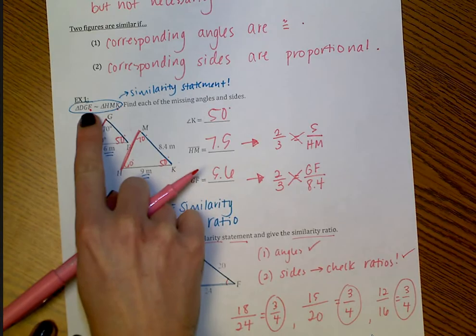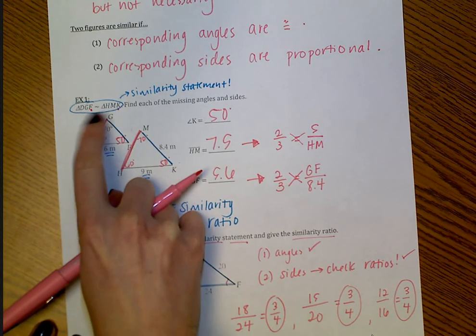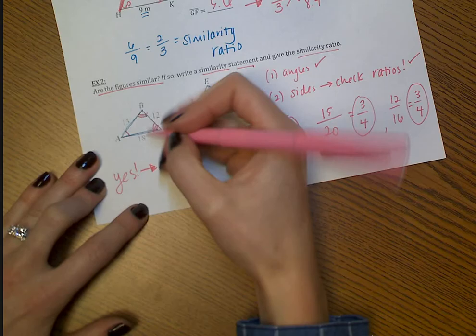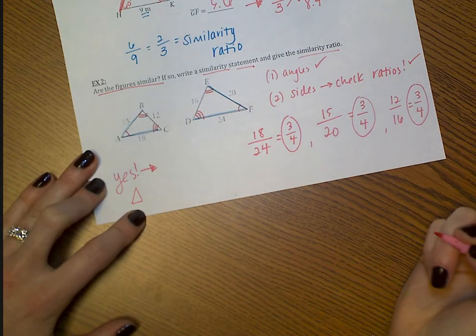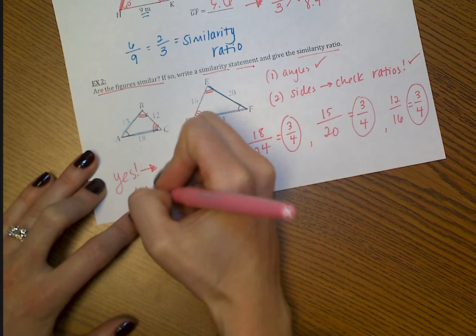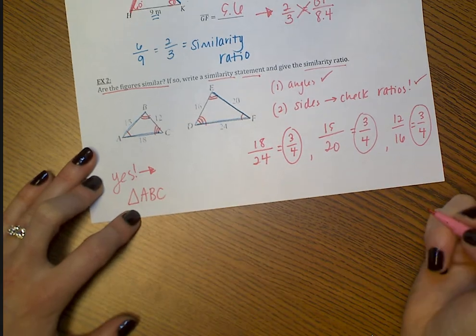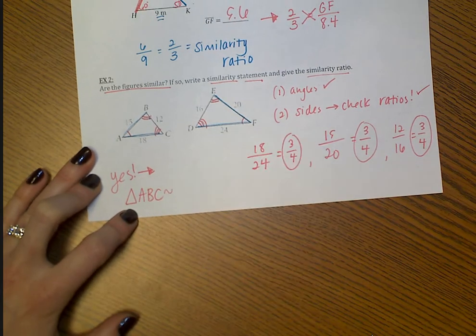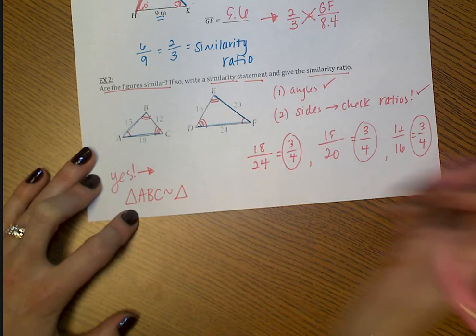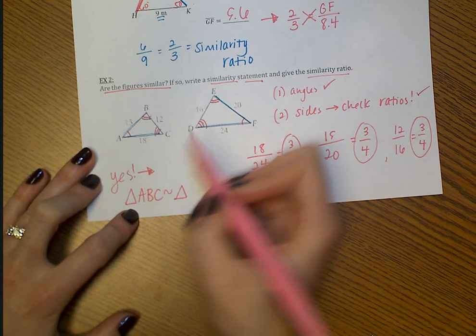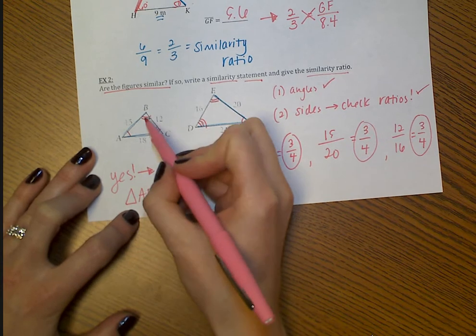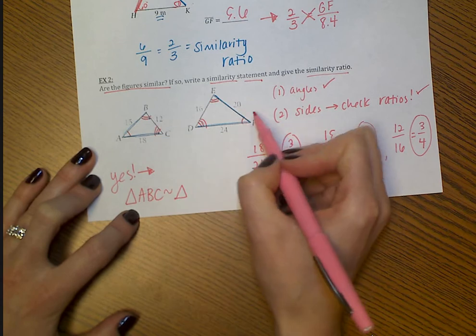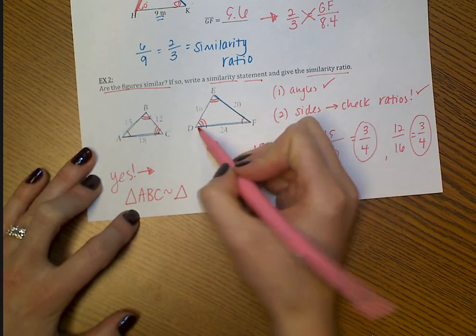Similarity statement is this little kind of statement we saw here in example 1. So I'm going to say triangle, we'll call it ABC, is similar to triangle, and make sure your order matches up. 1 mark, 2 marks, 3 marks. So I need to say FED.